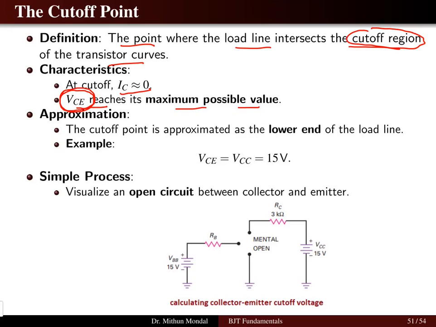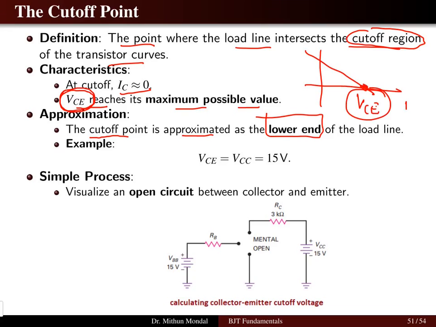The approximation that we make is that the cutoff point is the lower end of the load line. So if you have the load line here, the lower end, where the collector-to-emitter voltage is maximum and the collector current is 0, is the point we take as the cutoff region.